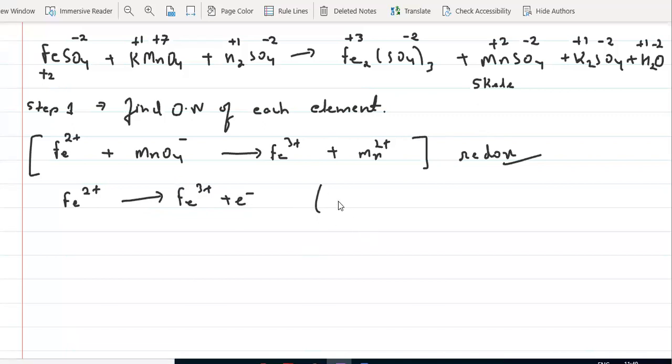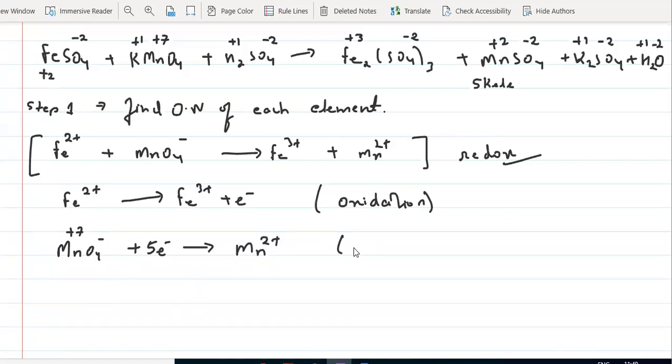Next, MnO4-, it is +7 and converting into +2. So how many electrons should be added? 5 electrons should be added to give Mn2+. This is your reduction.